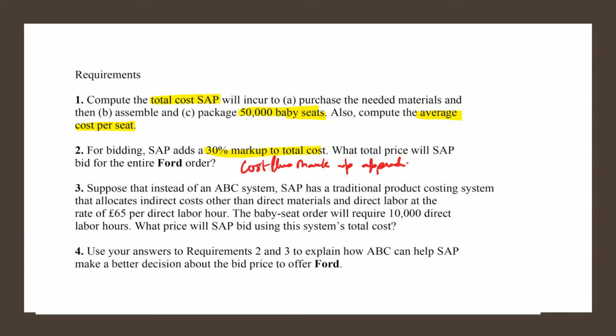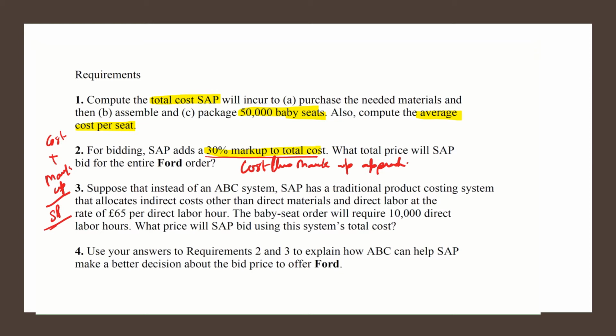Cost plus markup approach means you take the cost of the product, then you add the markup decided by the management, and then you find out the selling price. This is a very common pricing strategy the company uses. So here the company is saying that you have to use a markup of 30% to whatever cost you are calculating.